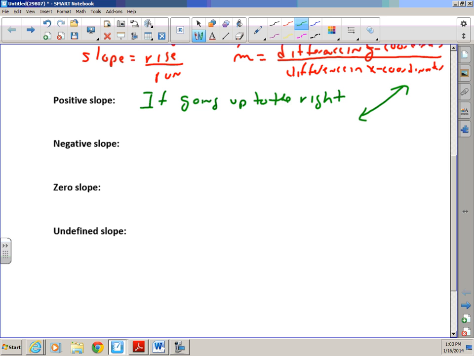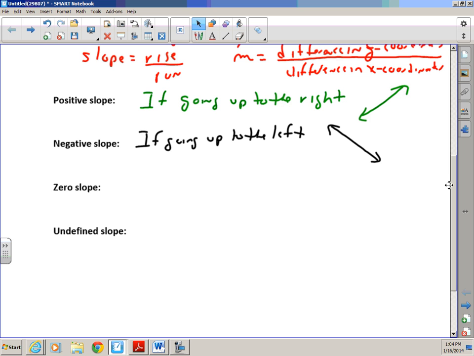That is up and to the right. If going up to the left, then that's a negative slope. And again, think about your number line. If I'm going up and right, those are both positive. If I'm going up and left, one is a positive, one's a negative.